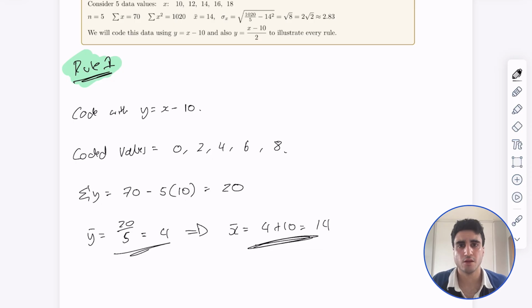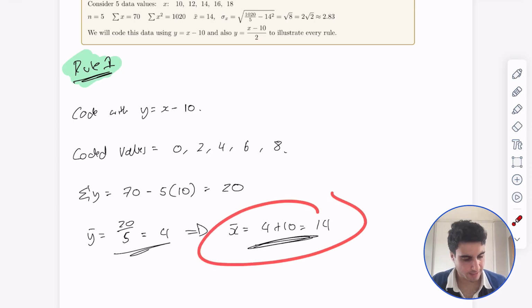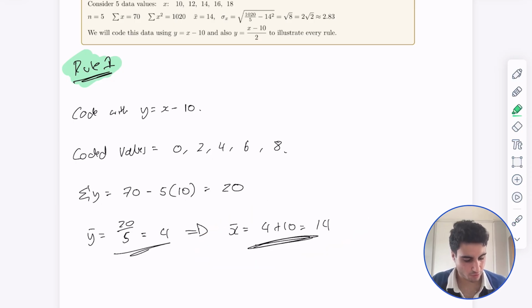Okay, so as you can see, we've clearly illustrated here that rule in action. What is that rule? That the original mean is equal to the coded mean plus a. Now note something quite important.